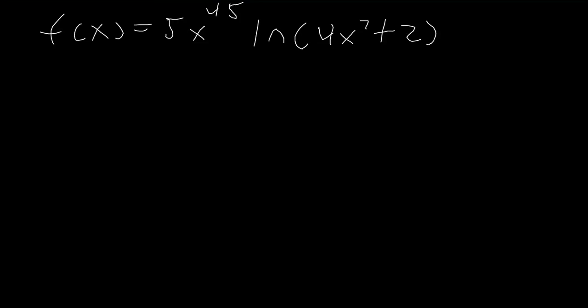So we have to realize here that these are two functions being multiplied together. So we're going to have to use the product rule. So this is going to be f, and this is going to be g.